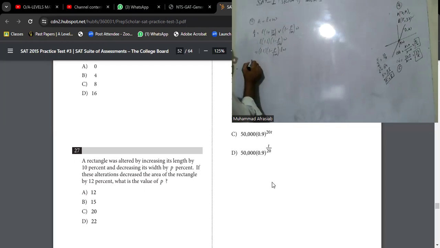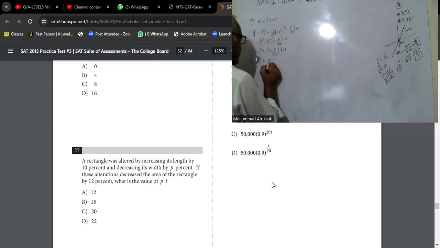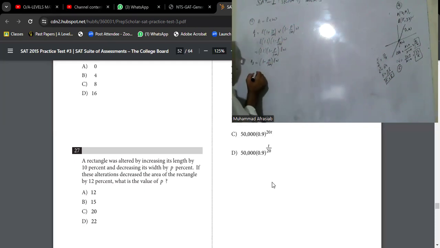And the original area is decreased by the alteration by 12%. So A2 is equal to 1 minus 12% of length into width, which is 100 minus 12, 88, so 0.88 of the length and the width. Now, how much is the alteration with the value of P?